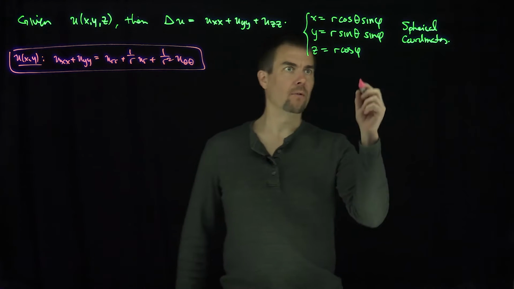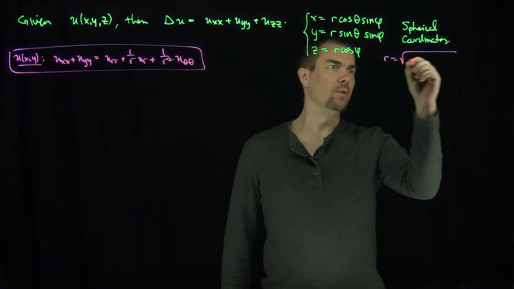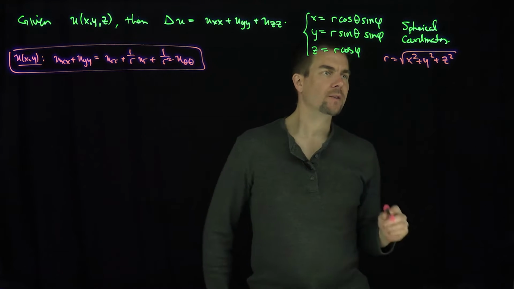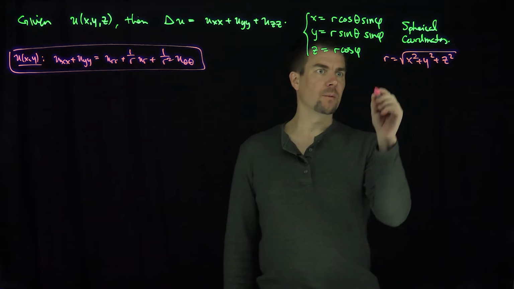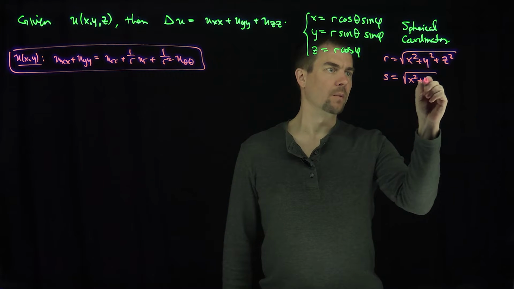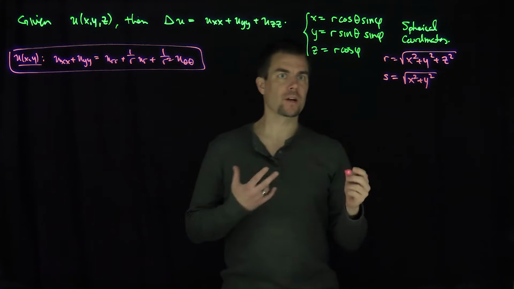We're going to let, of course, what do we know about r over here? So r is going to be the square root of x squared plus y squared plus z squared. And so my objective now is to define a new variable. I'm going to define s, which is just the square root of x squared plus y squared. Now we can write down a whole bunch of different things.